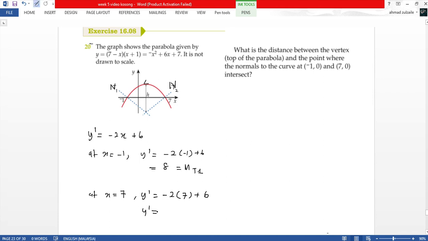So y prime equal to negative 8. So this is M for tangent number 2. Di sinilah basically. Okay, now kita dapatkan m for normal number 1 equal to negative 1 over m for tangent number 1. So negative 1 over 8.